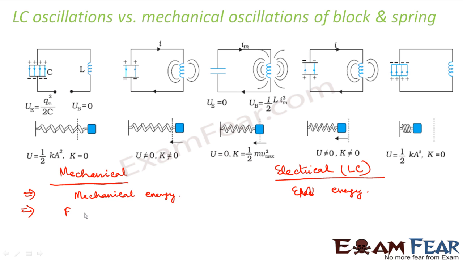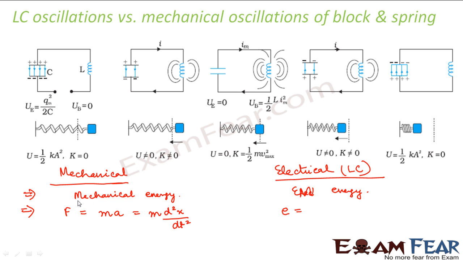When I'm talking about my mechanical system, I'm defining force as mass into acceleration, which is m into d square x by dt square. Whereas in my electrical system, I am defining the induced EMF.